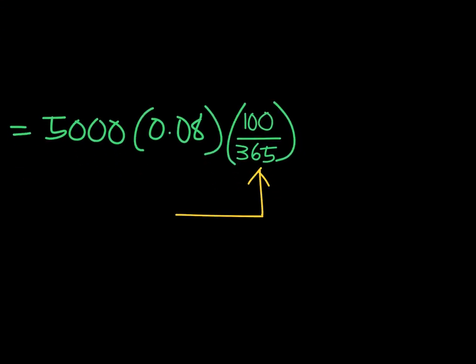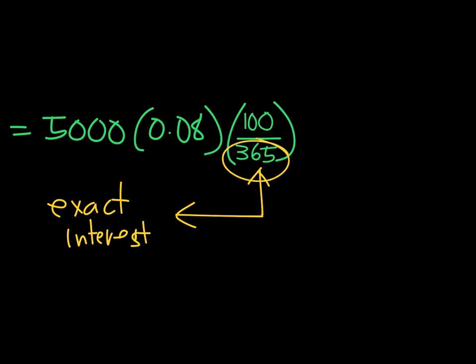Because this is an exact interest. Again, this is where the concept of exact interest will be applied. It's on how you convert the days into years. So it's over 365 because 365 is the equivalent number of days for 1 year under the exact interest.